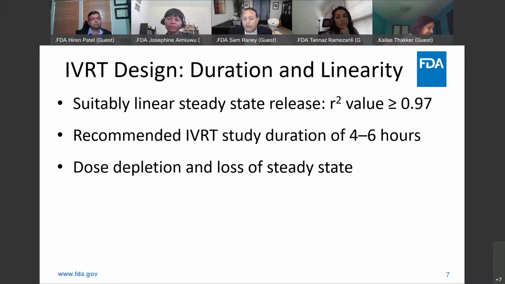That's where, as a reviewer, it's helpful to look at the dose depletion numbers. That's why we encourage applicants to provide all the details to the agency, so you can reconstruct how they performed their method and assess all areas of method development and validation. What about the low end?